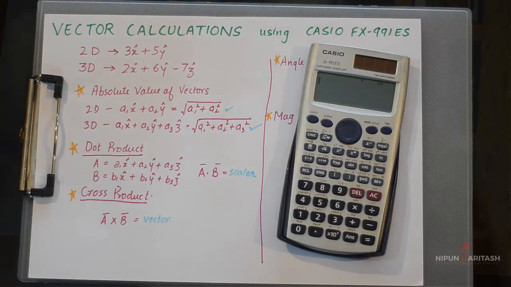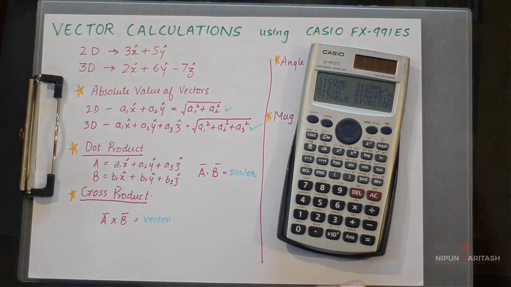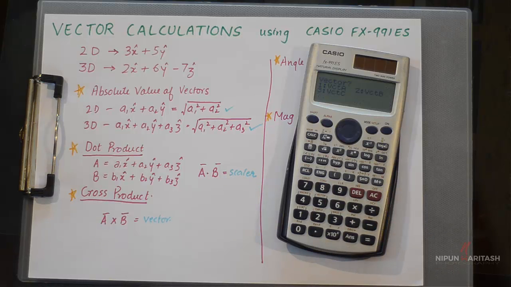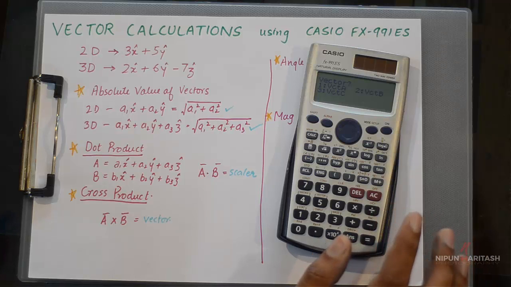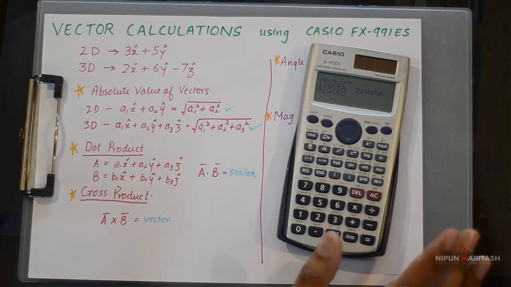Now in order to do vector calculations, you need to go to mode and then select option 8. Now in this particular mode, the calculator has an option of giving you 3 vectors.